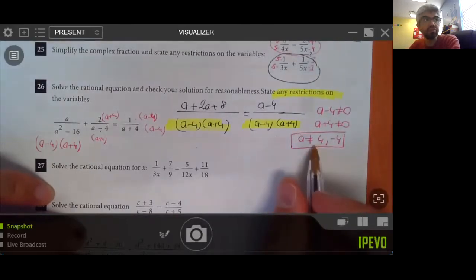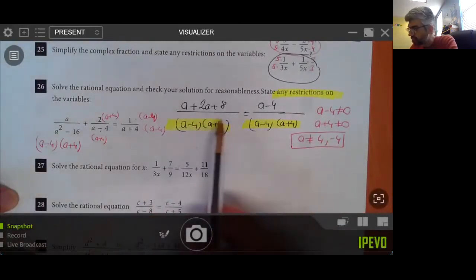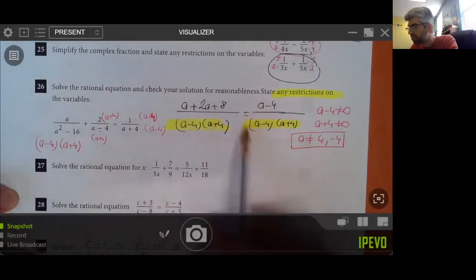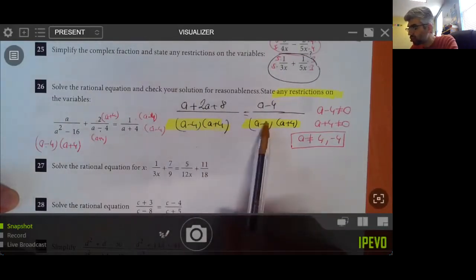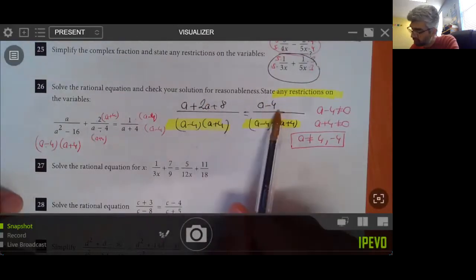This is important. We have to have this in every rational equations question, okay? And then, now we have one combined fraction on the left side, one combined fraction on the right side. Their denominators are equal, so their numerators must be equal to each other.